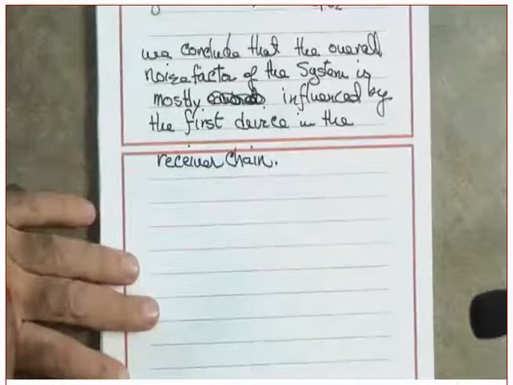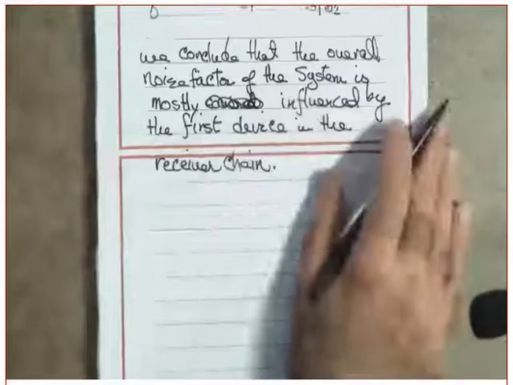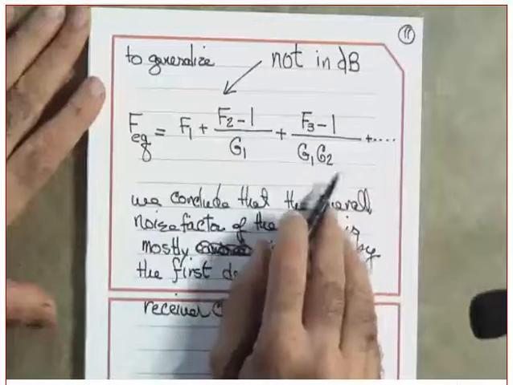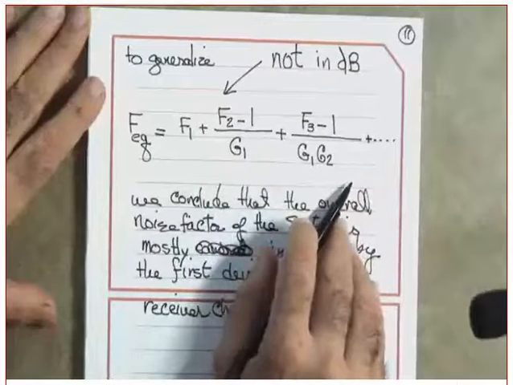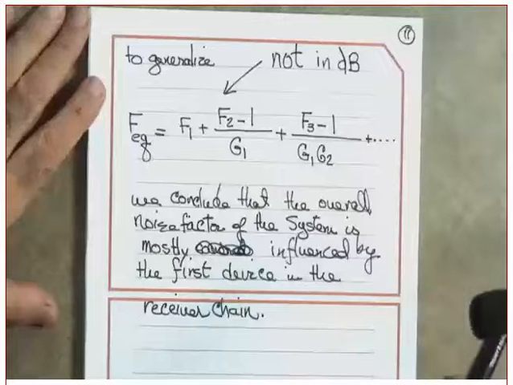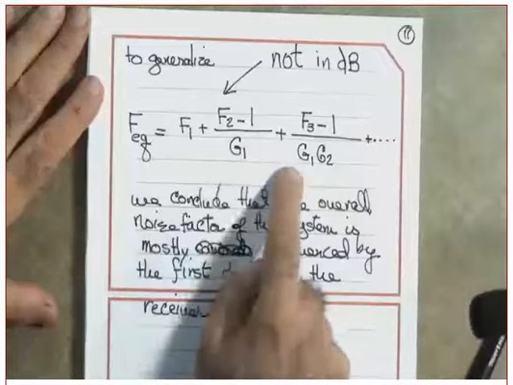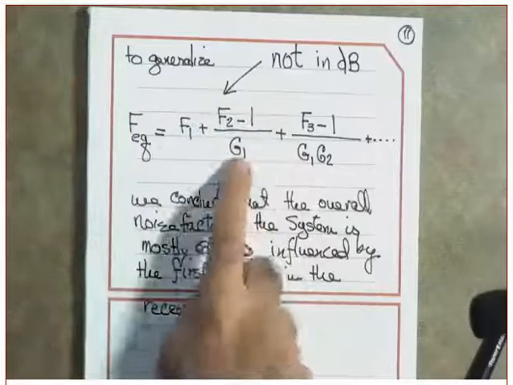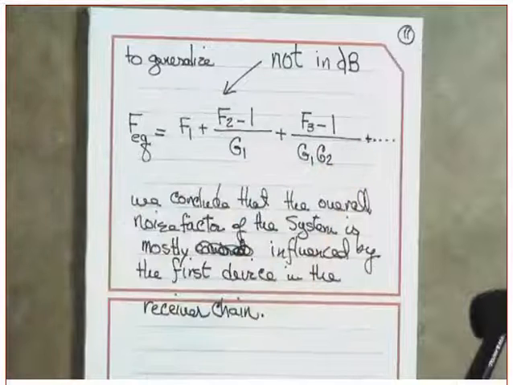Clear? Why? Because these are going to be divided by some gains. Can I increase those gains so that their effect becomes totally negligible? Can I increase the gains, these G1 and G2 and so on?